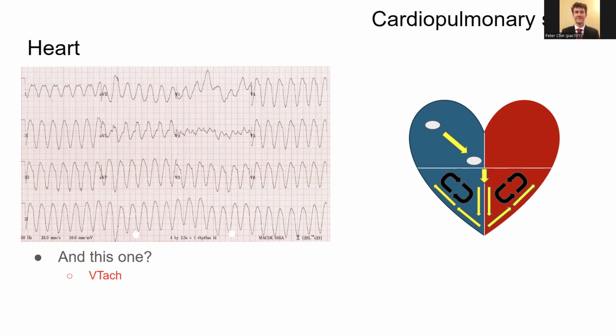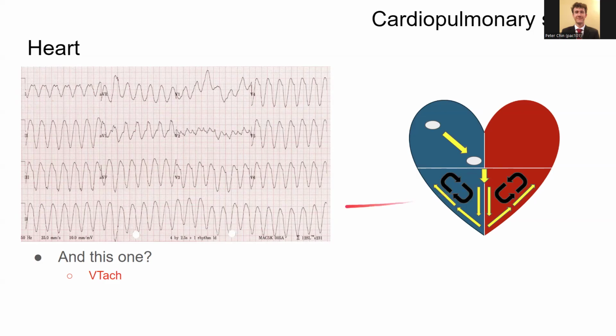But those gap junctions aren't as specialized as the cardiac conduction system. They're not as good at depolarizing the entire ventricle all in one go. So it takes a little bit longer for the electrical impulse to depolarize the entire ventricle.